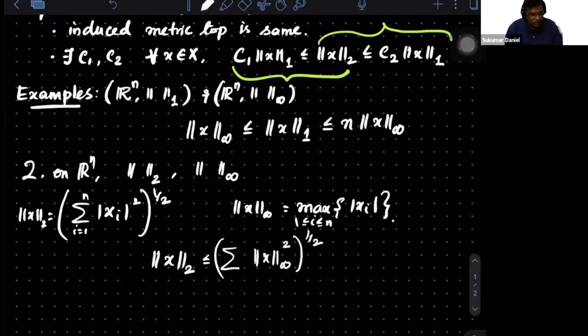Each place I can write norm xi replaced by this, and which is less than or equal to, if there are n such terms, n times this.